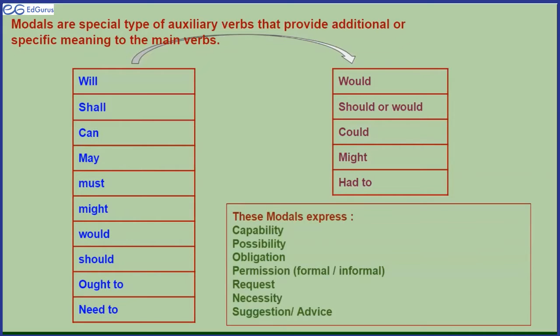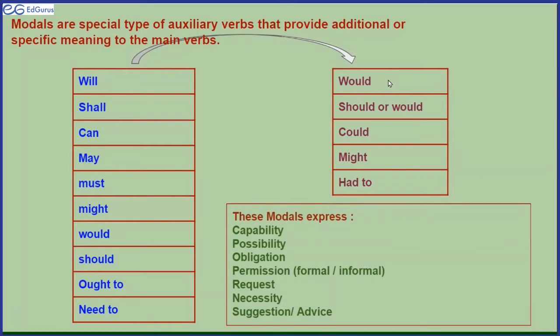All these modals have their own function as they express different things, and one by one, each and every modal we will take on. Now here in the table just before the first one, you will find another set of modals. The same modals which have been mentioned in the first table also. The reason is that these are the past forms of these modals.